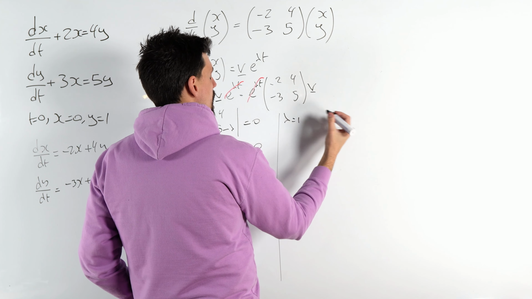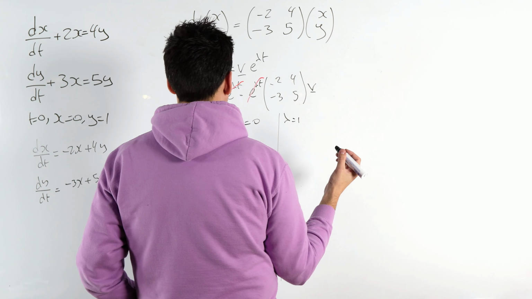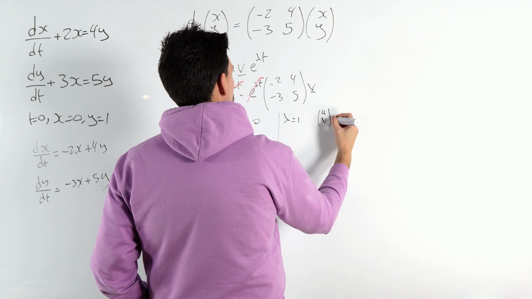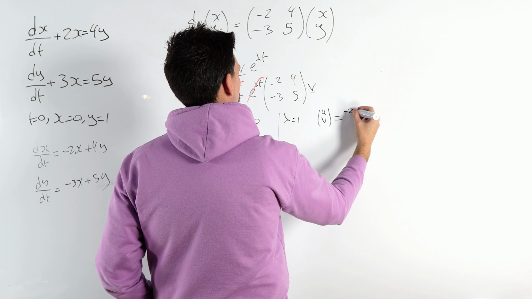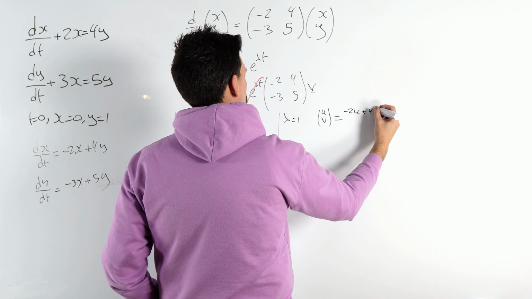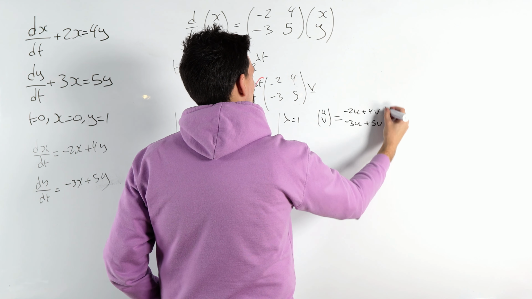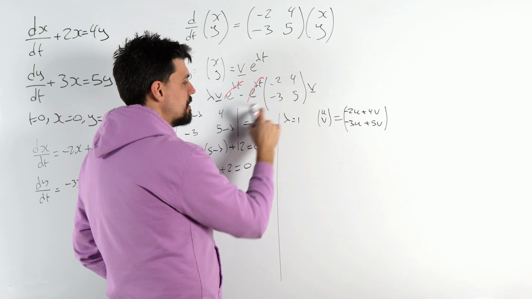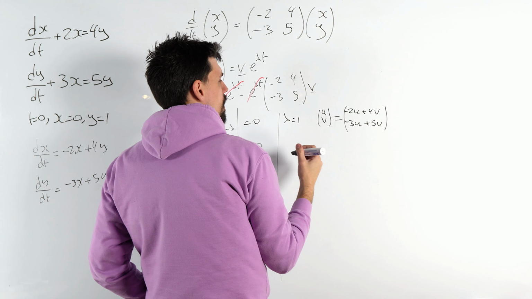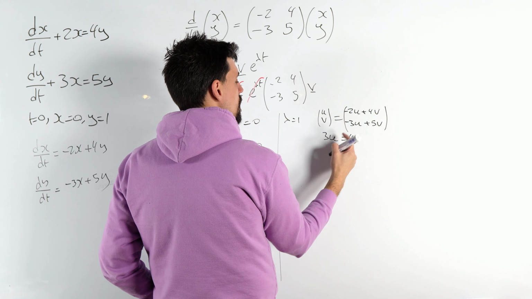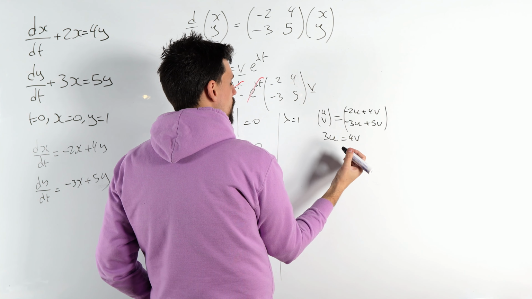We're going to take v is, I don't know, (u, v). So (u, v) has to equal minus 2u plus 4v, minus 3u plus 5v, that side over there, which tells me that 3u has to equal 4v, and I think that's the case in both of them.